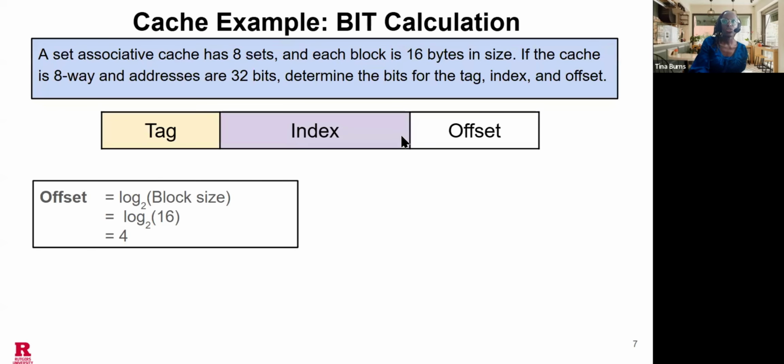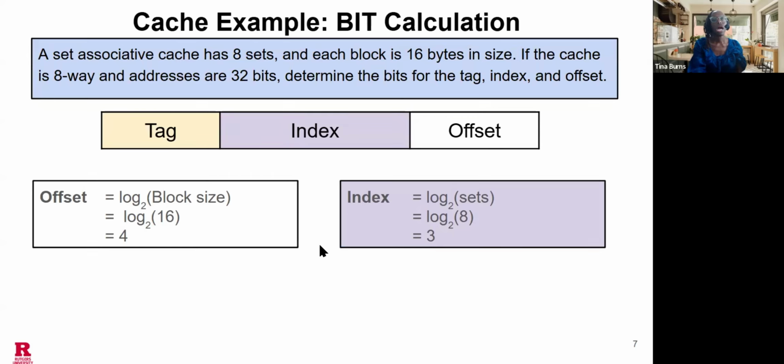So the offset is an easy one to do, and the index is a relatively easy one to do. For the offset, I have 16 bytes total within here. If I know I have 16 bytes, the number of bits I need to represent each block, the word in each block, I just take the log 2 of that, and that's where I get 4. For my index, which is going to give you the number of cache sets, I can say log 2 of 8, which should give us a value of 3. And that will be how we determine what our index is.